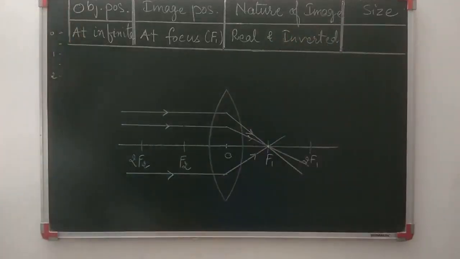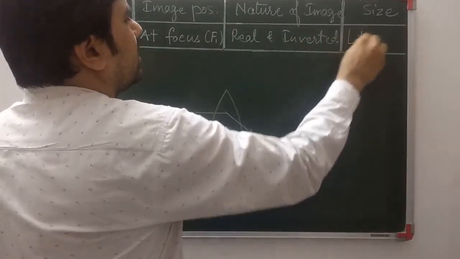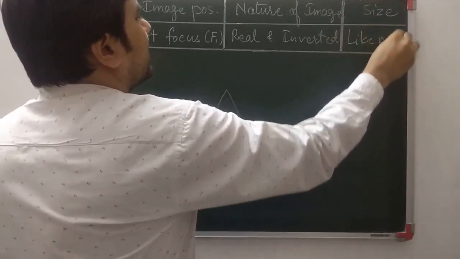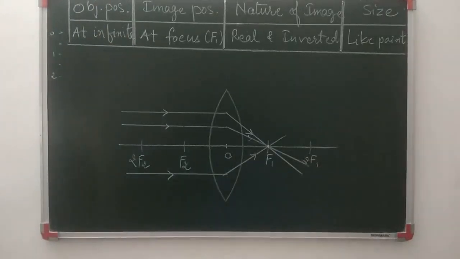And look at the size: all the rays meet at the same point, so it must be highly diminished. So we can say like a point, or we can also write highly diminished, meaning very small. This is like a magnifying glass, we can consider we are using the convex lens.